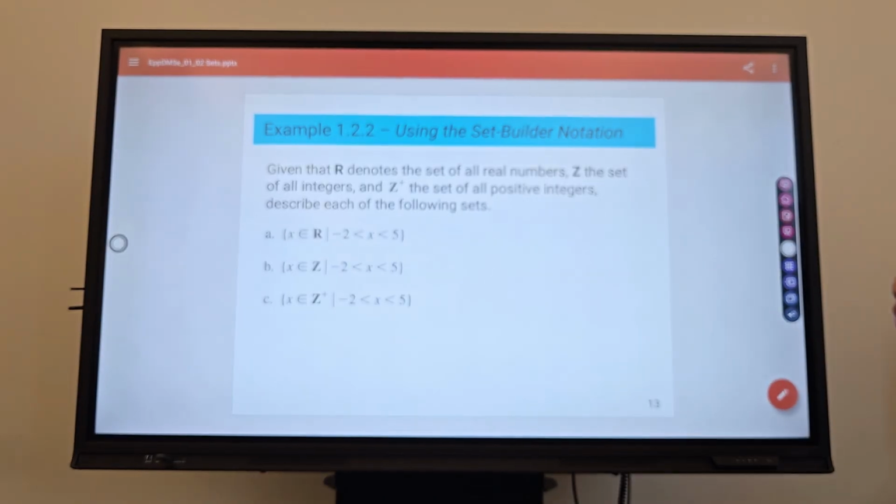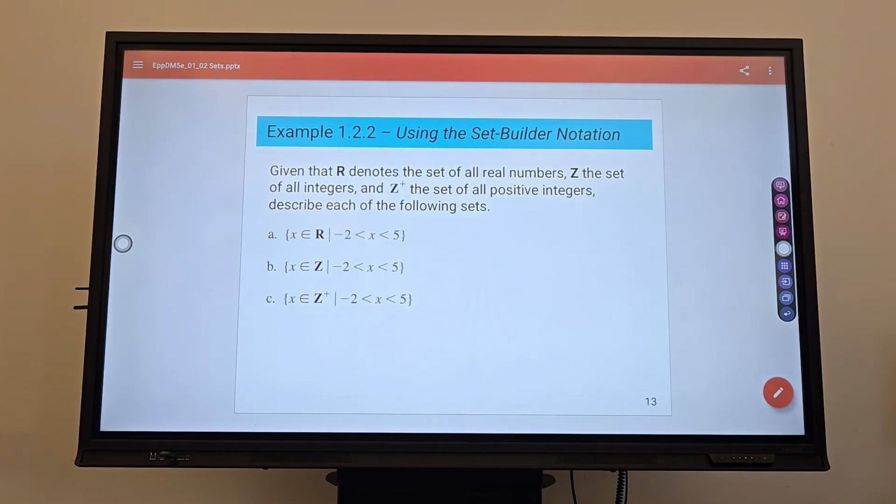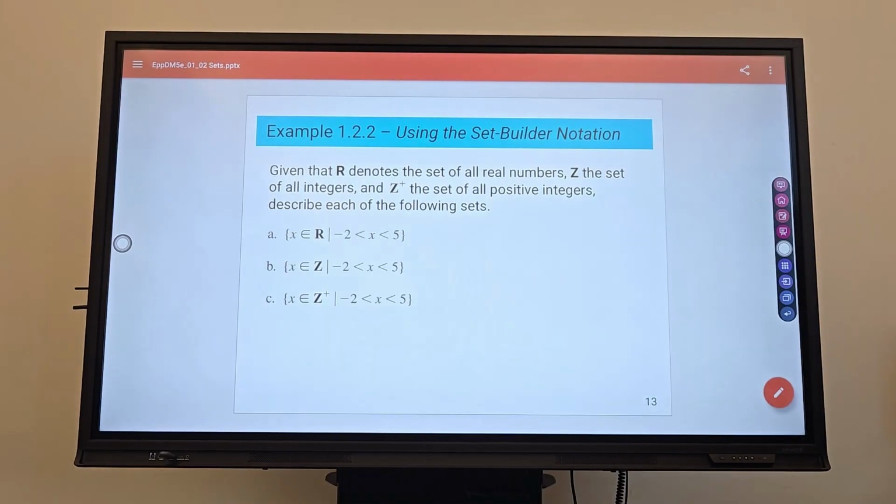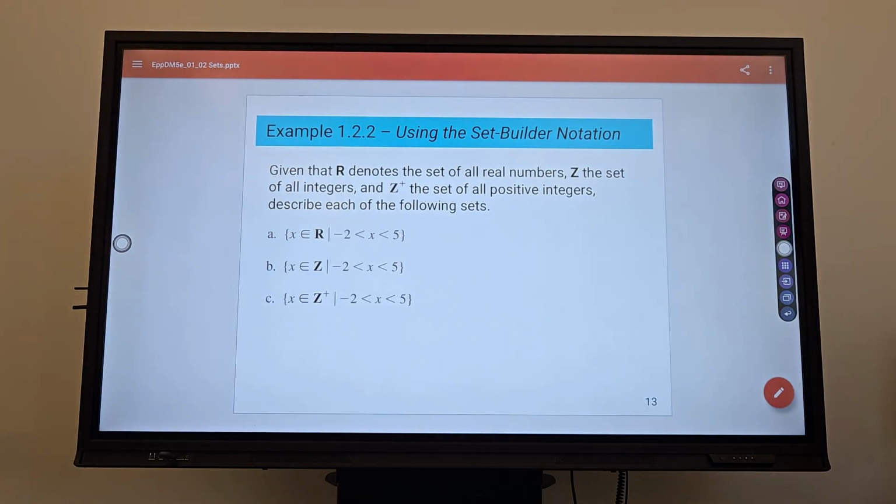So given that R denotes the set of all real numbers, Z is the set of all integers, and Z plus is the set of all positive integers, describe each of the following sets. So what would this set be? And is it finite?